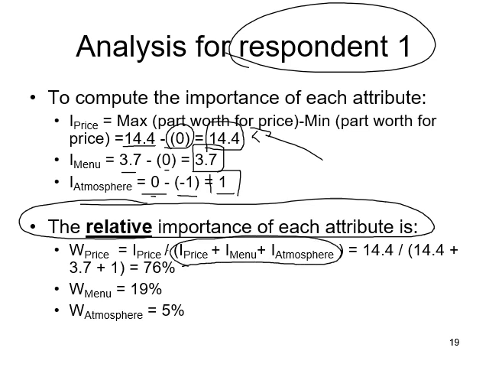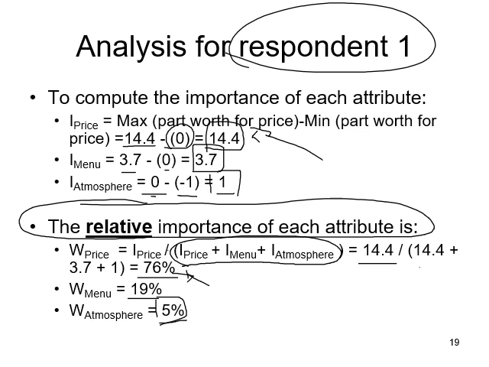In this case that will be 14.4 plus 3.7, so that will be 18.1, and then 18.1 plus 1 will be 19.1, right? So we're going to have 14.4 divided by 19.1, which is going to give you 76%. Then menu, the importance is 19%, and atmosphere is the least important. So you can see how much more important in this case is price for this customer.